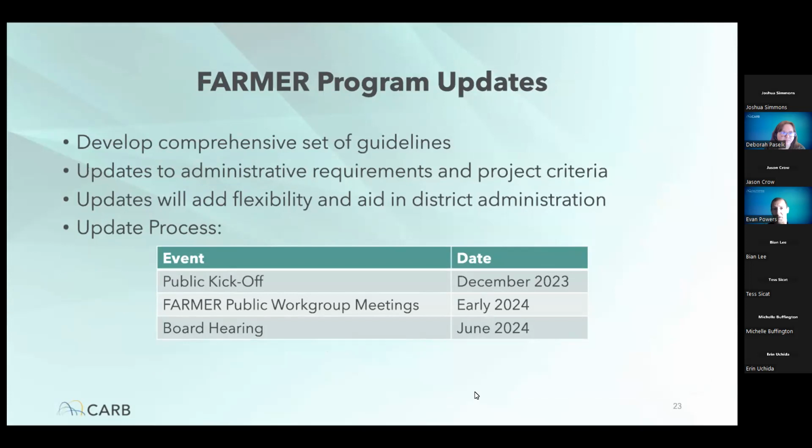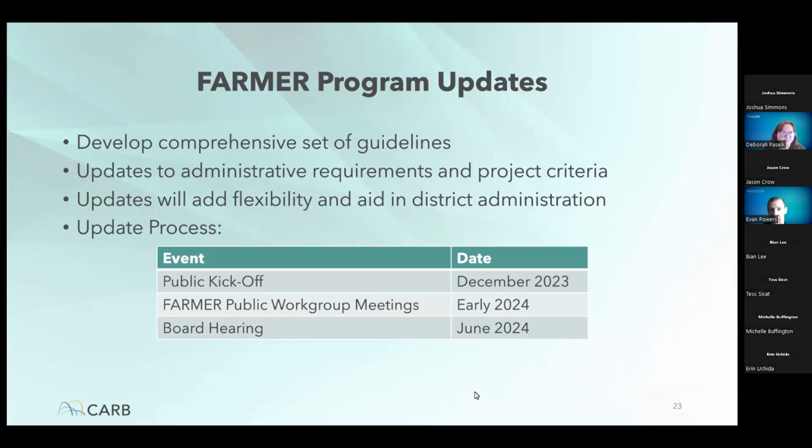There are also various new administrative and project modifications that have been requested from the ag industry, from various air districts, etc. With that, we're considering updates to the FARMER Program guidelines to develop a single comprehensive document that accounts for necessary admin and project category changes to the current guidelines, provides additional flexibilities, and otherwise aids in air district implementation of the program.